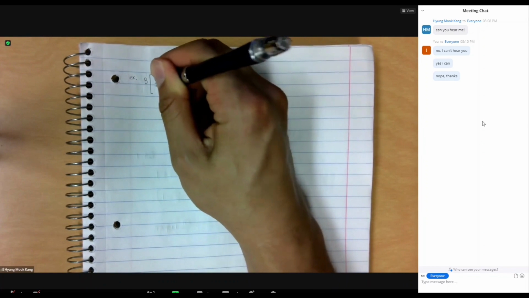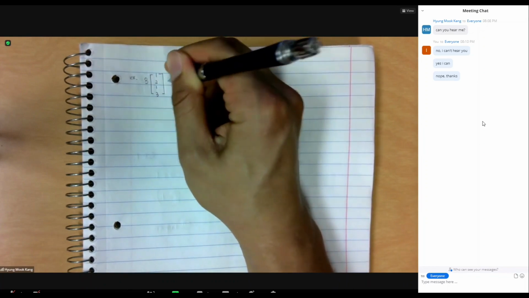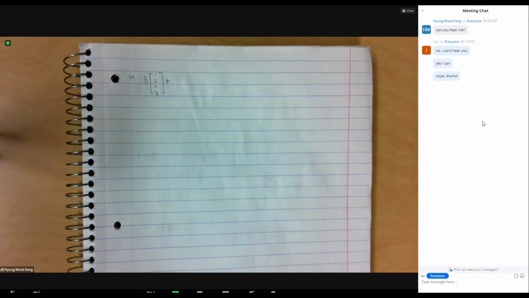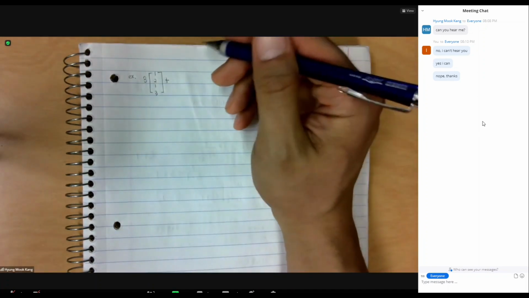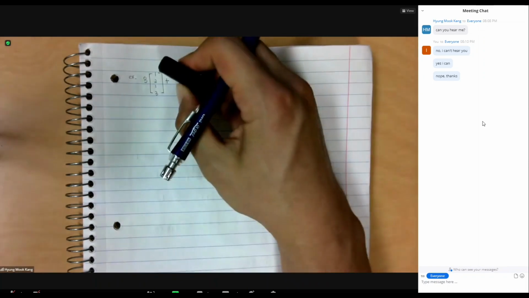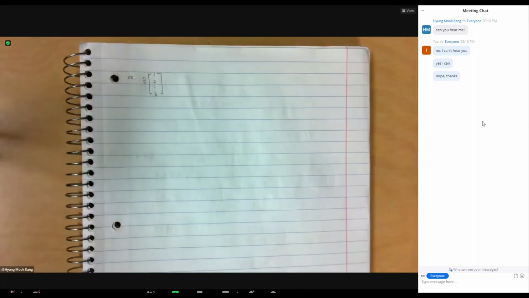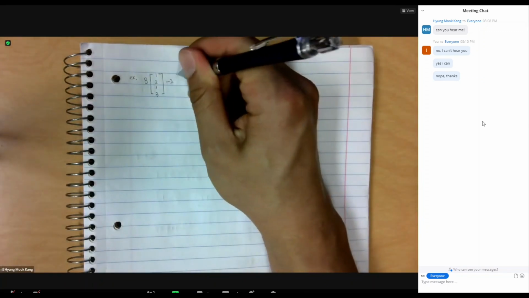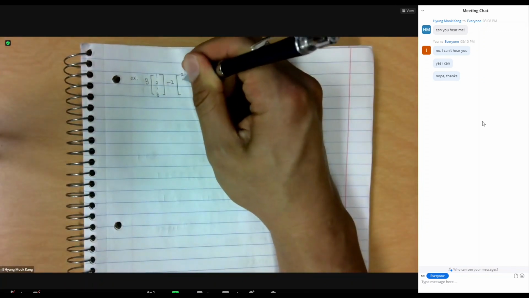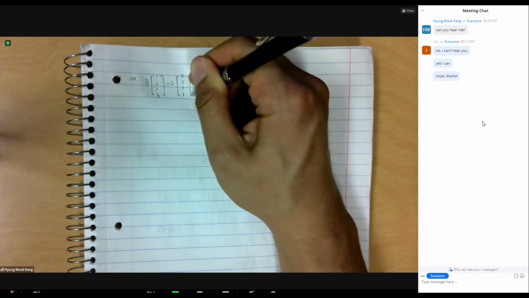So for us to calculate vectors with scalar multiplication and addition, let's say -3 times the vector 1, 2, 1, 3, and -2 times 2, 1, 1, 1.